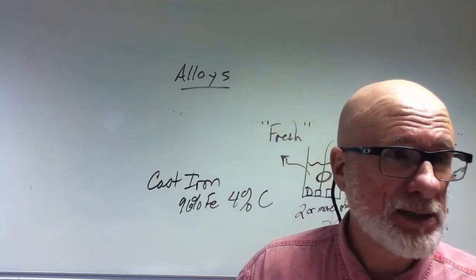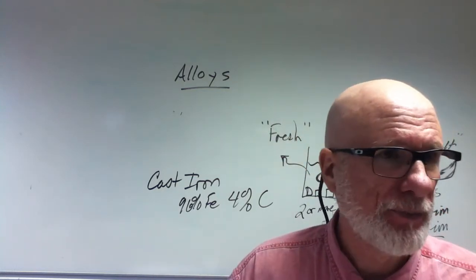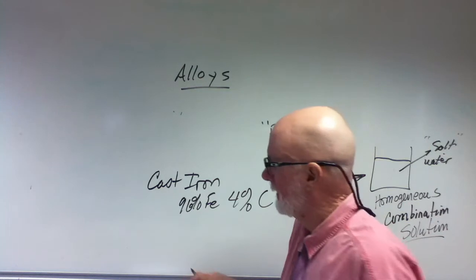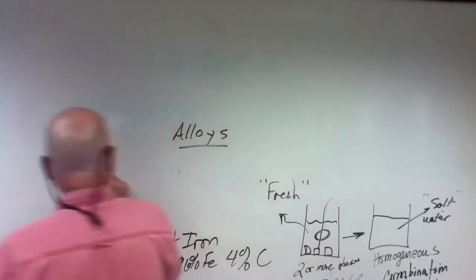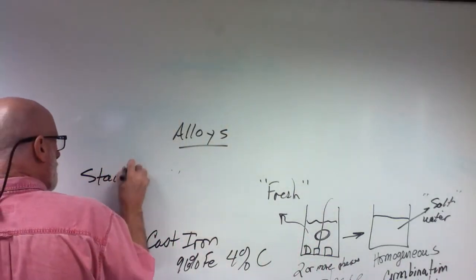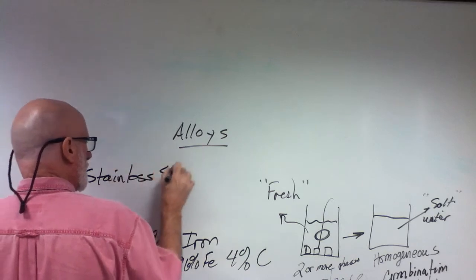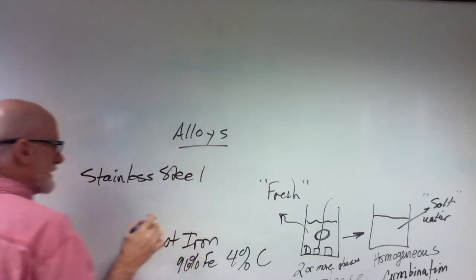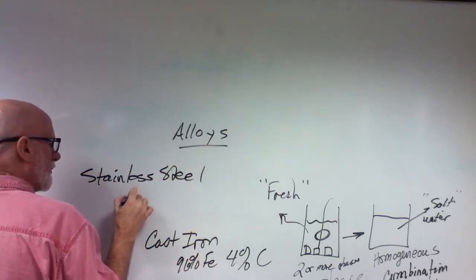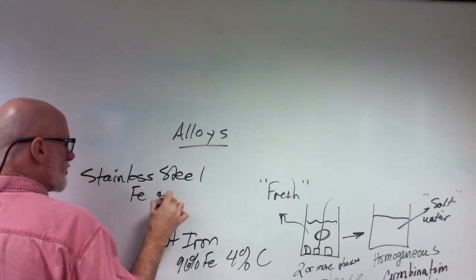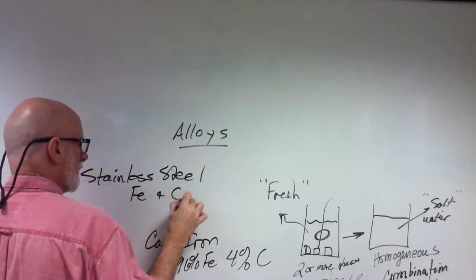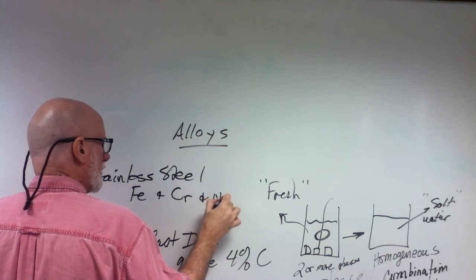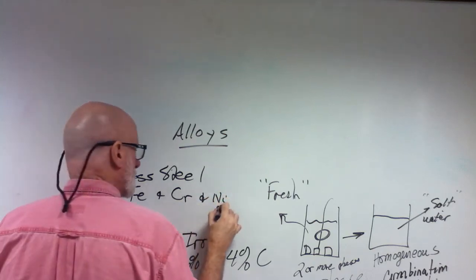It's literally a solution of iron and carbon. What else? Brass. Stainless steel, which is what? Iron and chromium and nickel. 8% nickel. How much chromium? 18.